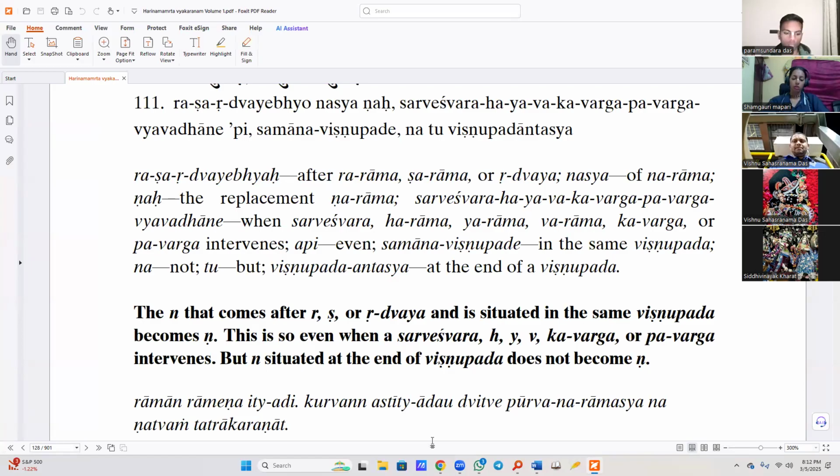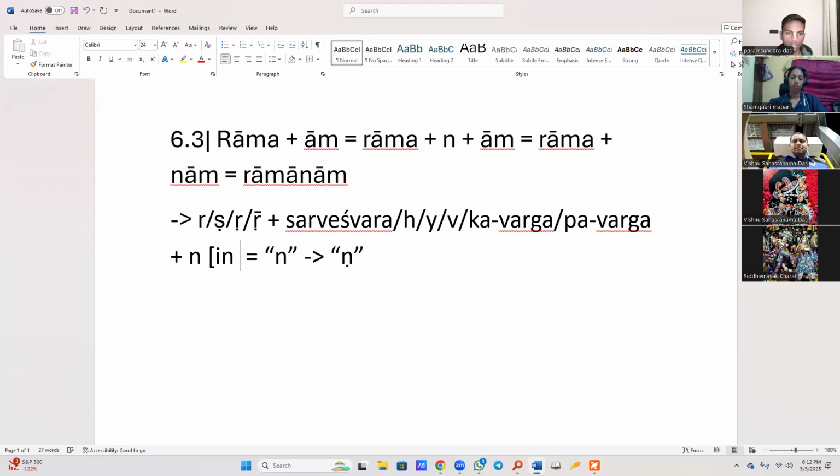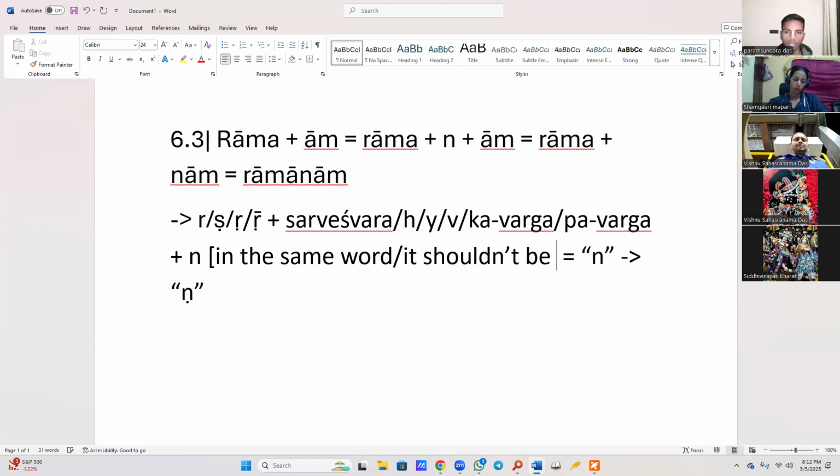So it should be in the same word and it shouldn't be situated at the end of the word. Then Na will become Na.